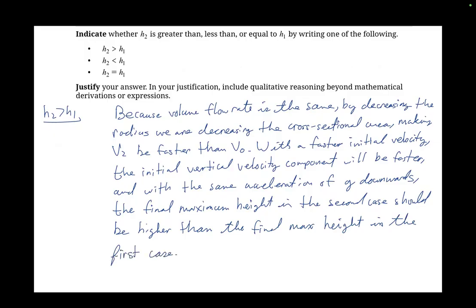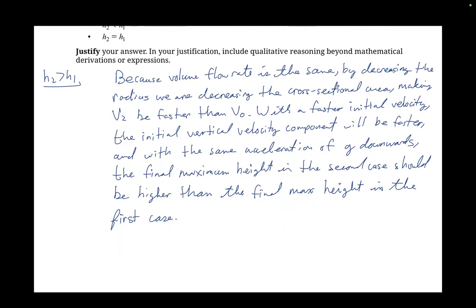Perfect. That should be good. So lower cross-sectional area, faster velocity because the volume flow rate is the same, faster initial velocity, larger vertical component, higher height. This is also true due to conservation of energy, since more kinetic energy will lead to more gravitational potential energy, and a larger value for h2.